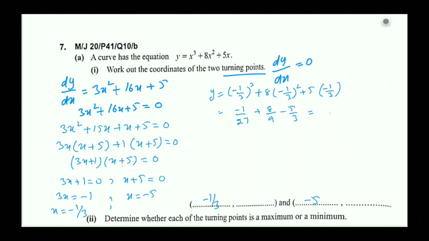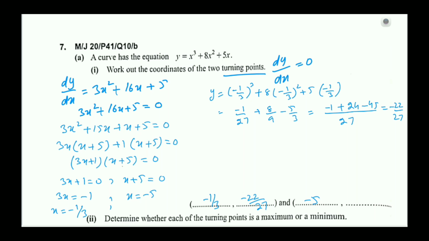And that will be, taking 27 as the LCM, -1 plus 24 minus 45, and that will be -22/27. So by x = -1/3 we got the value of y, that is -22/27.